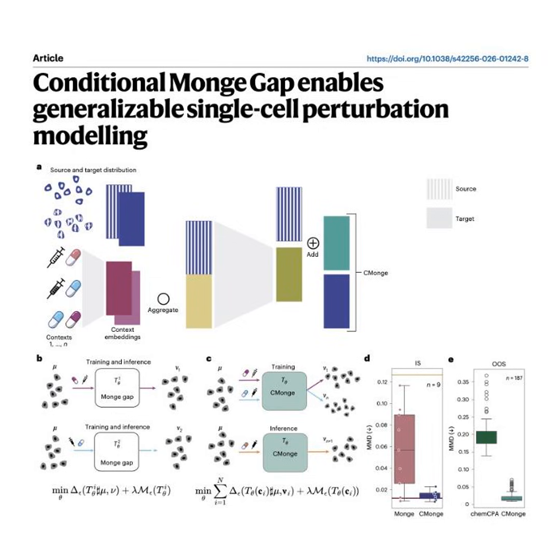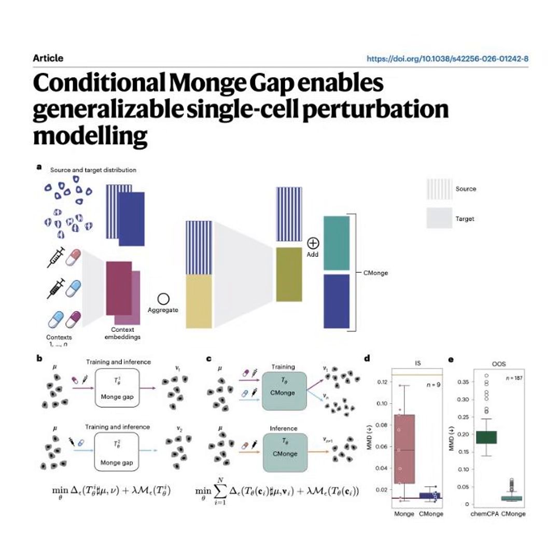Wait, it exceeded them. How is a generalized model beating a model trained specifically for that exact toxic dose? That doesn't seem right. I know, it sounds counterintuitive, but it's through a mechanism called cross-task learning. Cross-task learning. Yeah. Because CMonge is trained concurrently on a massive variety of conditions, it begins to learn the shared biological architecture beneath the data. Oh, I see.